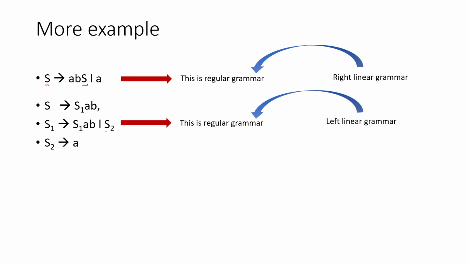The reason is that S1 to S2 is not a valid production rule of a regular grammar, because the characteristic of the production rule of a regular grammar says that the right side should have either only a single terminal, or a non-terminal followed by terminal, or terminal followed by non-terminal, but not a single non-terminal.